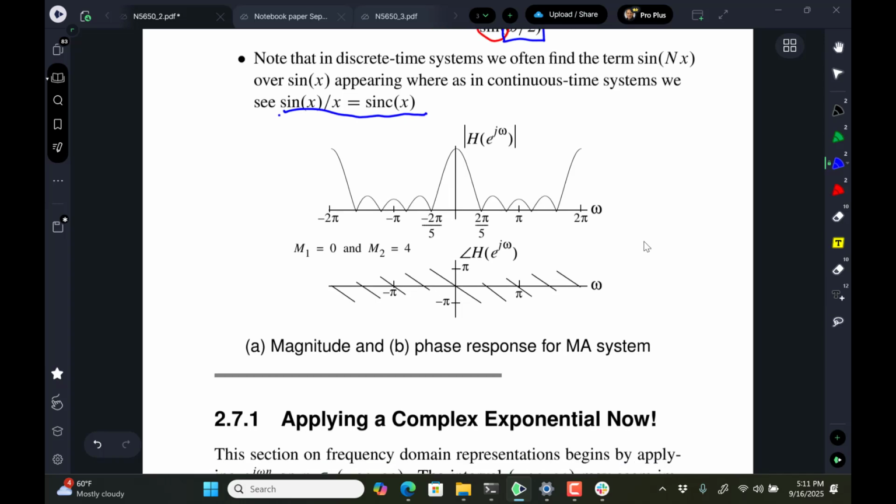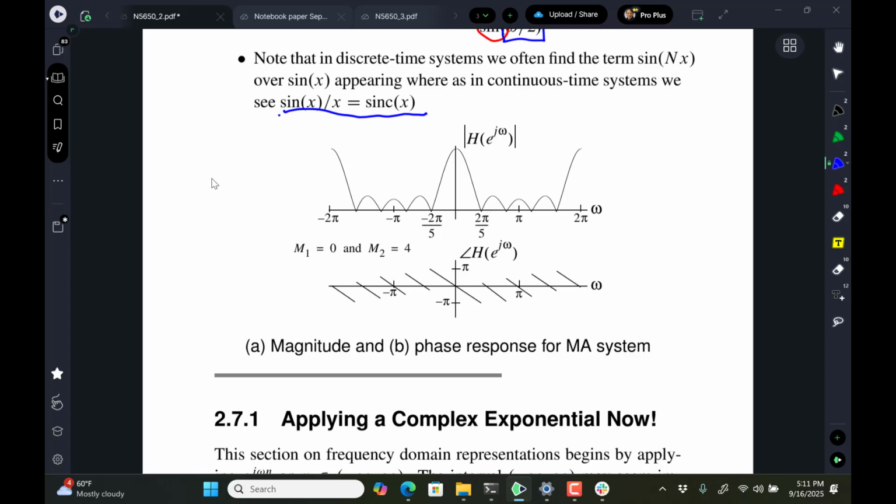And later on, when we get up into sampling theory, I'll talk about the fact that, and this can make sense to you right now, the spectrum and frequency responses are always periodic. So in the case of this moving average filter, we get a sine nx over sine x function, which gives us the periodic humps that we see here. We're seeing a main lobe centered on 0, then the next one at 2 pi, 4 pi, and so on, and then in the negative direction.